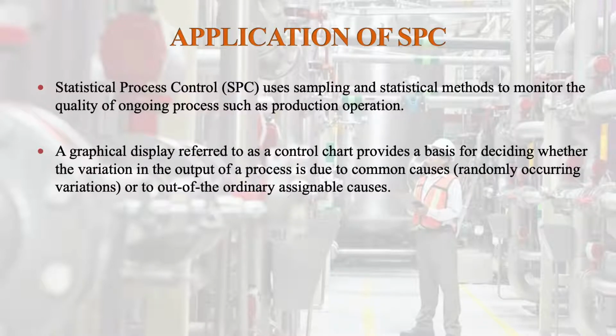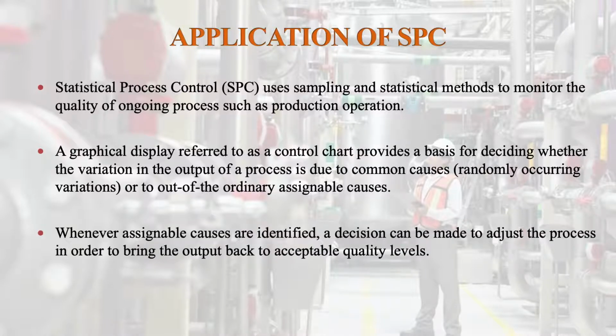A graphical display referred to as a control chart provides a basis for deciding whether the variation in the output of a process is due to common causes, which are randomly occurring variations, or to out of the ordinary assignable causes. Whenever assignable causes are identified, a decision can be made to adjust the process in order to bring the output back to acceptable quality levels.